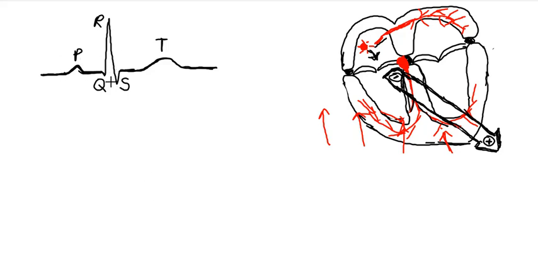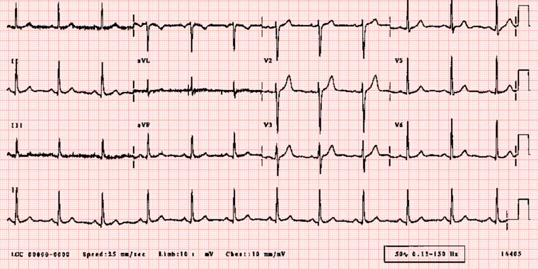That's the whole concept behind positive and negative deflections of the ECG machine, and thus positive and negative waves on the ECG paper. In a 12 lead ECG, you may have already seen that some of the leads have positive waves and some have negative waves. Let me show you a 12 lead ECG. Here you can see some of the leads. Lead 1 has positive waves, but in aVR, all the waves, P wave, QRS and T wave, are negative. Why?